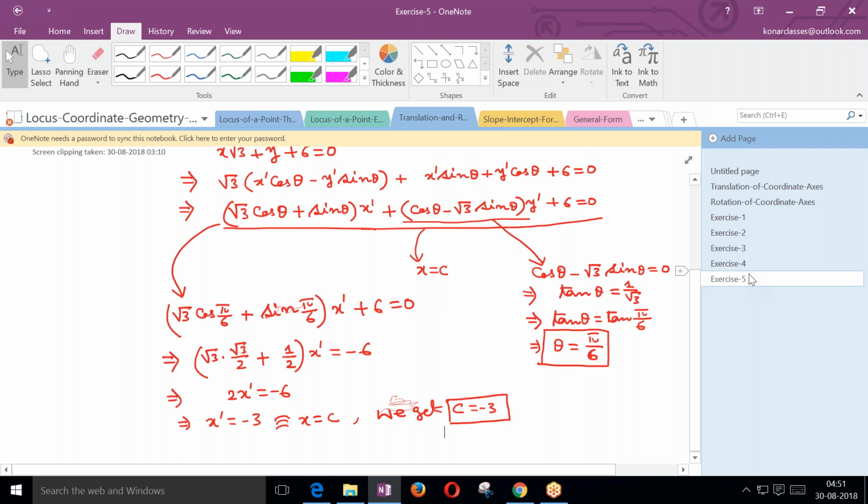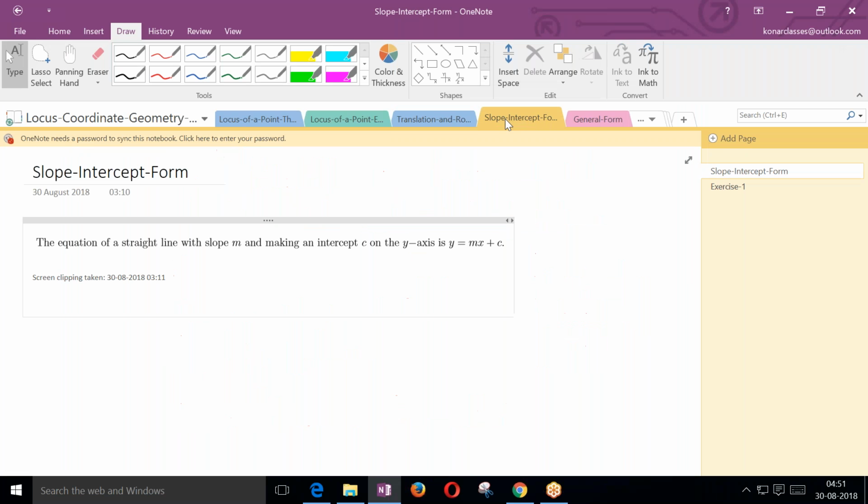To form the equation of a straight line, two pieces of information are an absolute must, so that we can form the equation of a straight line absolutely uniquely. The first one could be slope and intercept. That means slope is given and intercept is given.